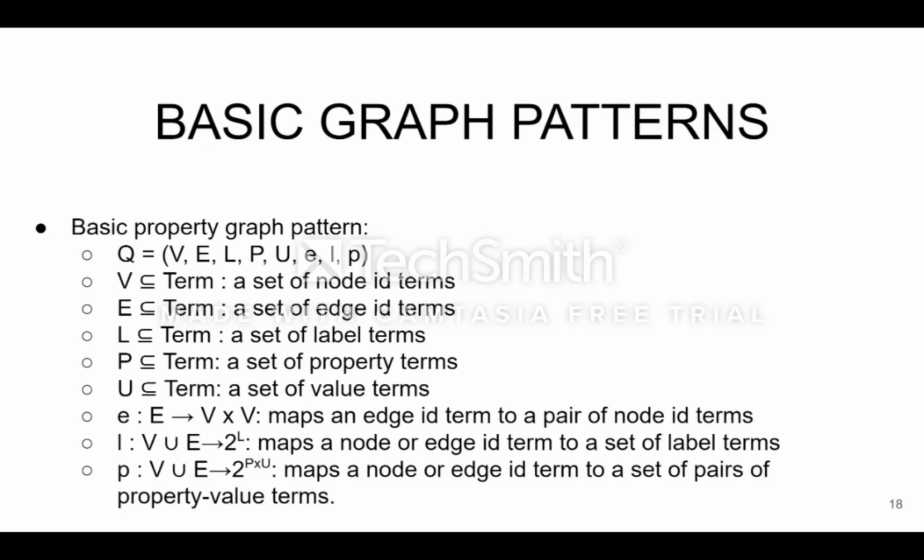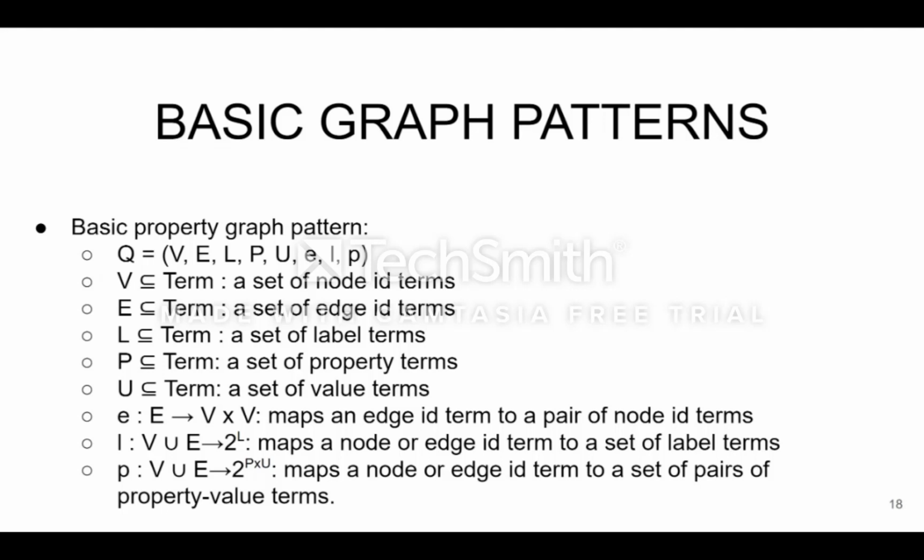Next, we define a basic property graph pattern as a tuple Q = (V, E, L, P, U), where V is a subset of Term, a set of node ID terms, E is a subset of Term, a set of edge ID terms, L is a subset of Term, a set of label terms, P is a set of property terms, and U is a set of value terms.